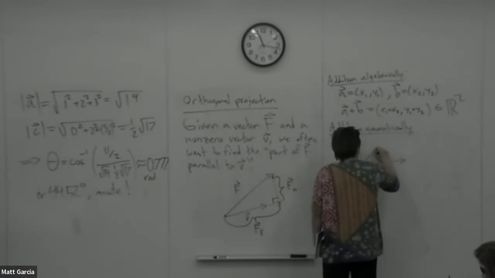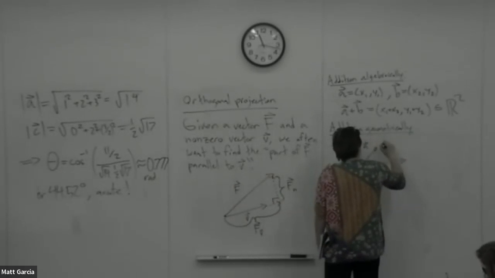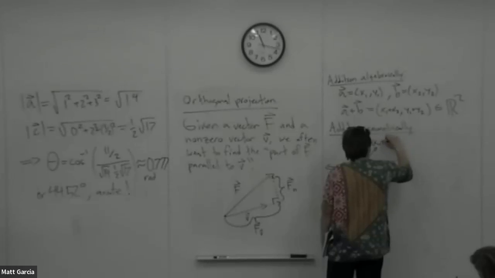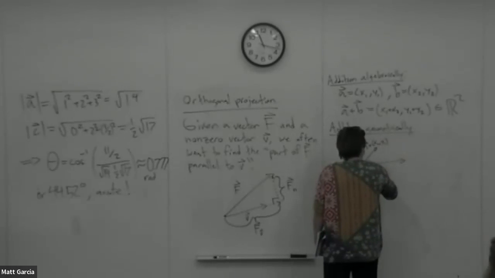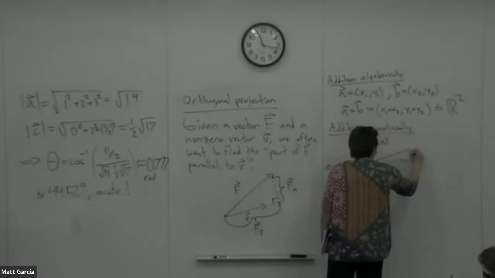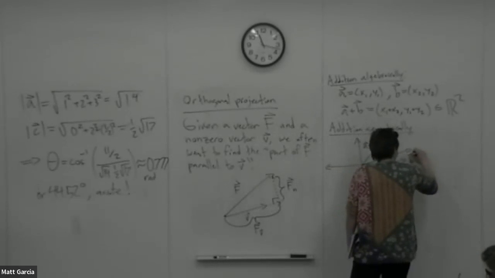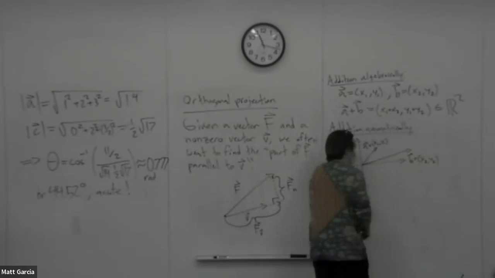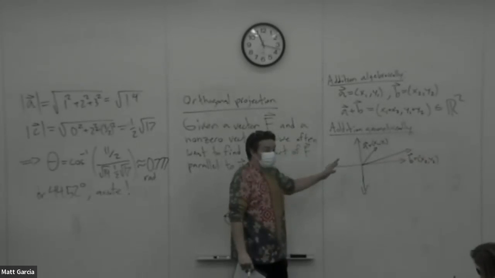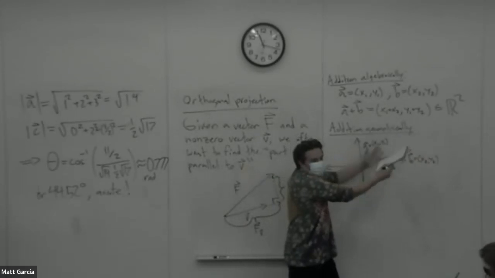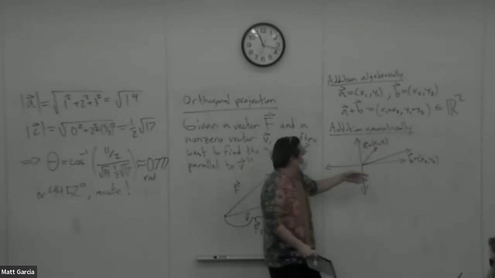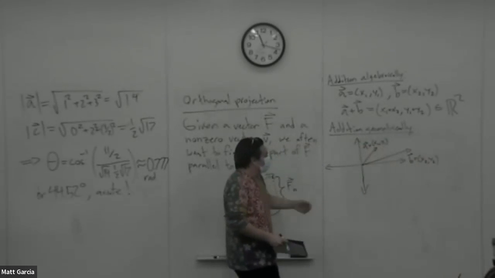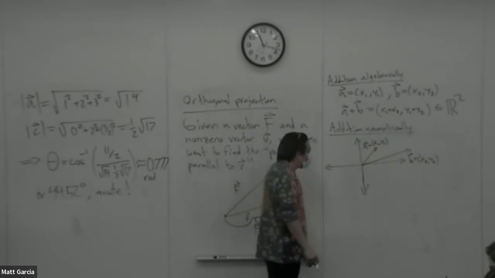So here's our vector a hat, x1 comma y1, and here's our vector b hat, x2 comma y2. Right? Again, this is just schematic. I'm just choosing some arbitrary positions for these to be in, and there's no assigned values for the x and y. So how do I add these together?